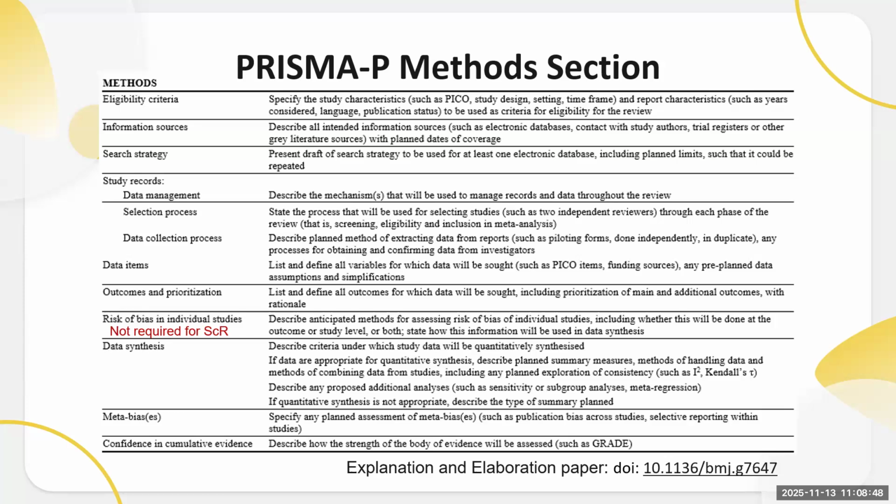So I've used the term eligibility criteria already. This refers to the specific characteristics a study must have in order to be included in your review, or conversely, what characteristics will get excluded.